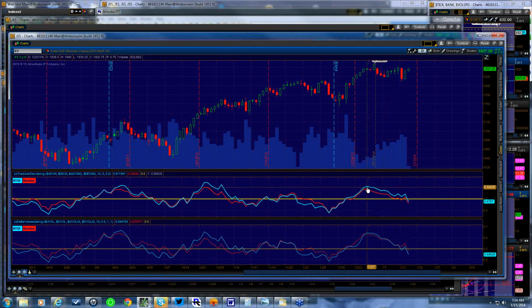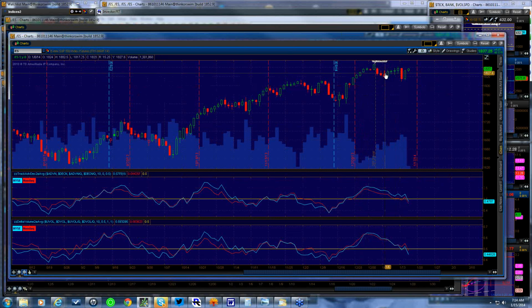And since then, the market has continued higher, but breadth has been steadily moving lower, which indicates that market breadth is waning, and market leadership in terms of price has thinned out, where fewer stocks are leading the charge higher. So we still have some non-confirmation.